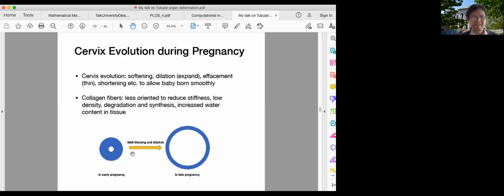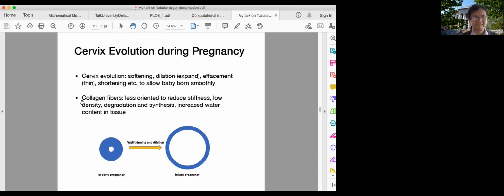I have one picture here. You can see in the beginning, it's very thick, and also the lumen is very small. With dilation here, you can see the opening is very, very big. And also the wall is very thin. This is to allow the baby to come out near the due date.